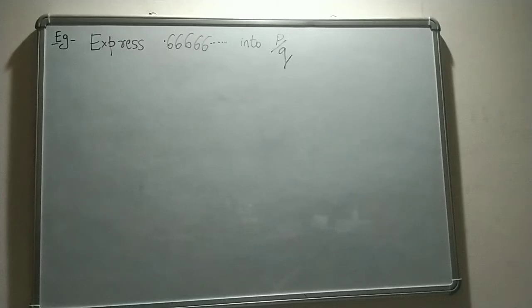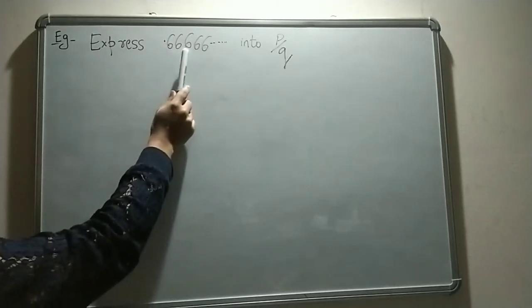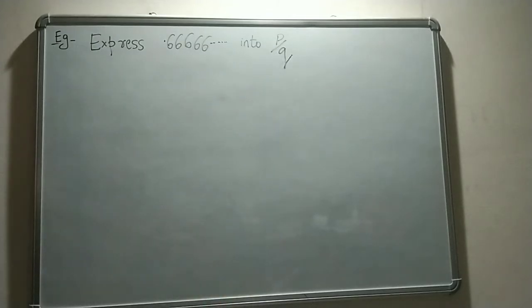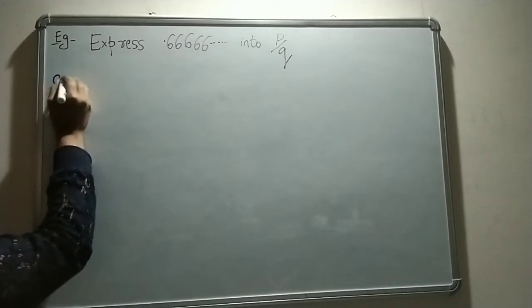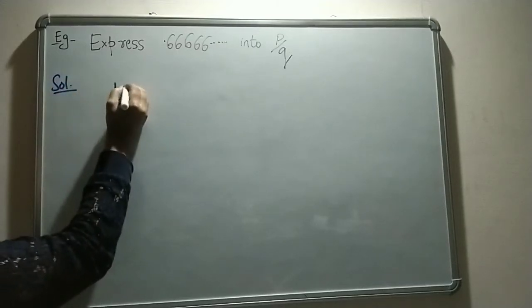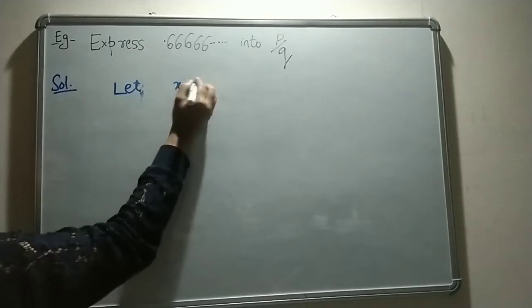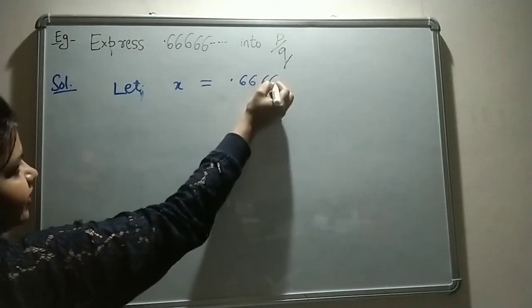So let's take an example. Express 0.666666 and so on into P upon Q. So how could we do that? Let's solve. Let x be equal to 0.66666.